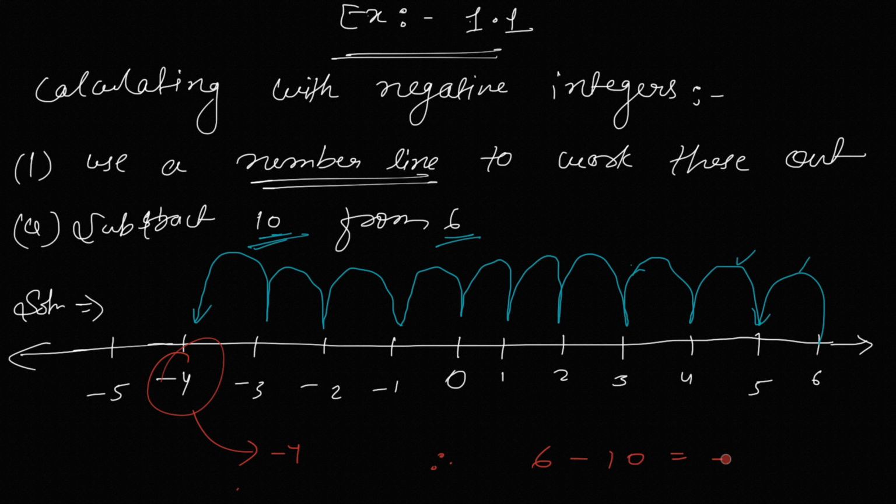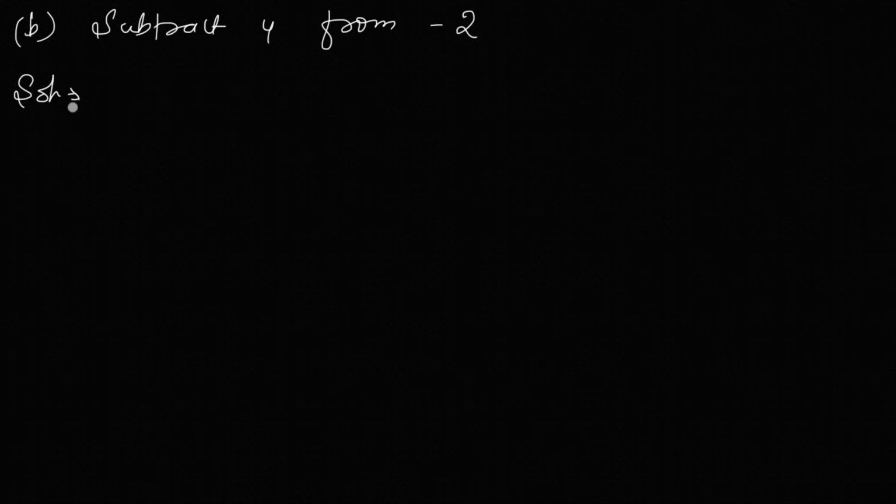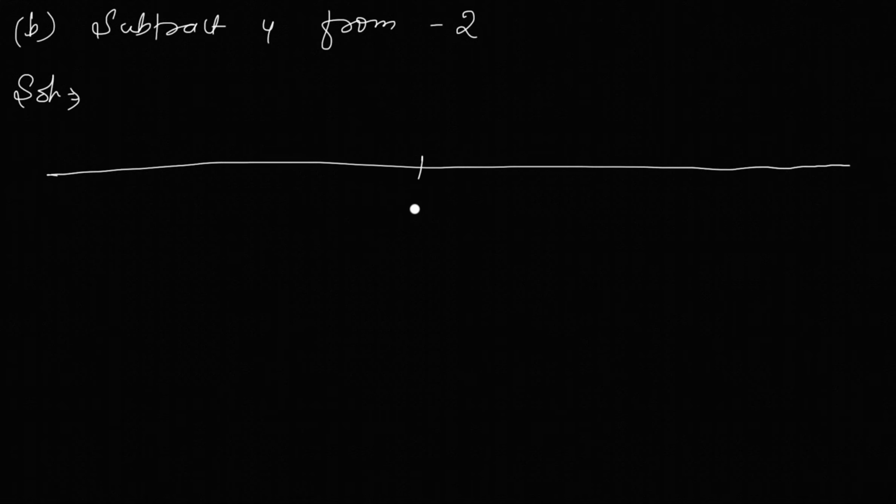Question B is subtract 4 from -2. Let's say this is 0. We have to subtract 4 from -2.